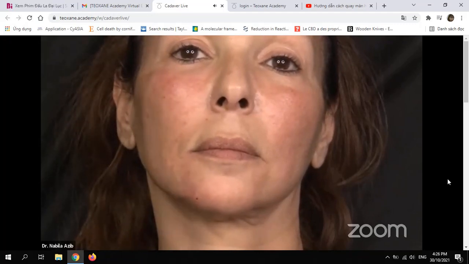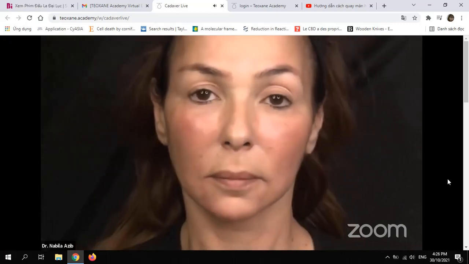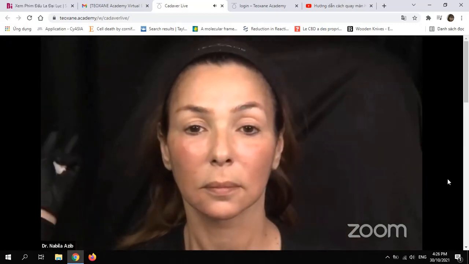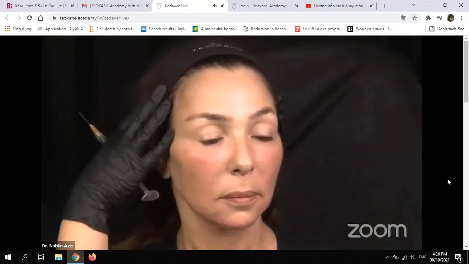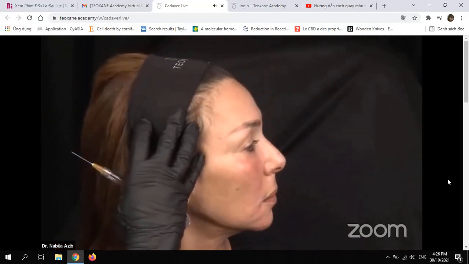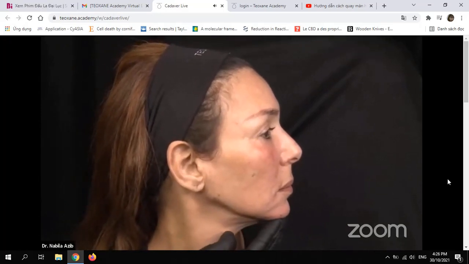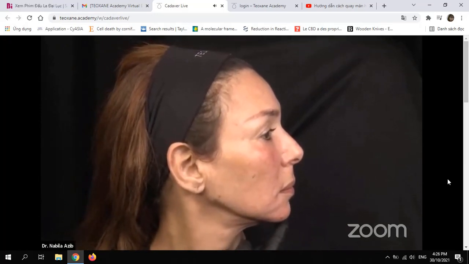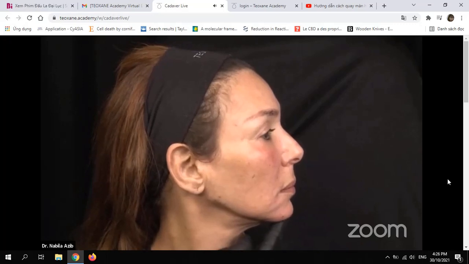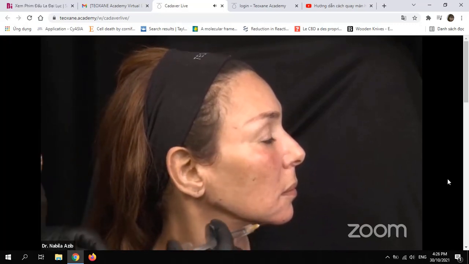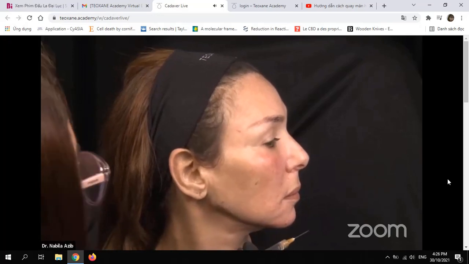So if we look at her in profile view, in frontal view you could say that is enough. But if you see her in profile view like this, we know that we will stretch this lower face again by projecting the chin. So I keep my patient in profile view to see the level of my chin injection.